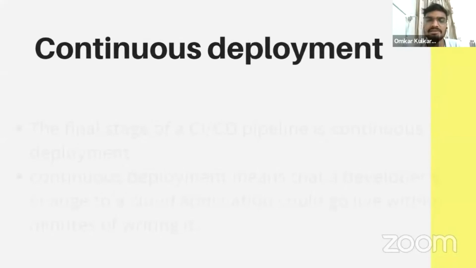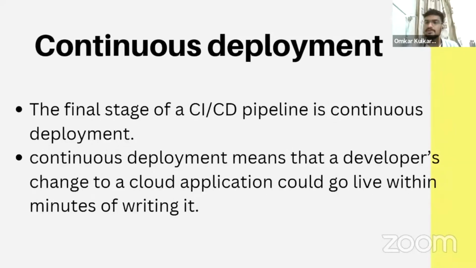The next is continuous deployment. The final stage of the CI/CD pipeline is continuous deployment. Continuous deployment means that a developer's change to the cloud application could go live within a minute of writing it. It is an extension of continuous delivery, which automates releasing an app to production.